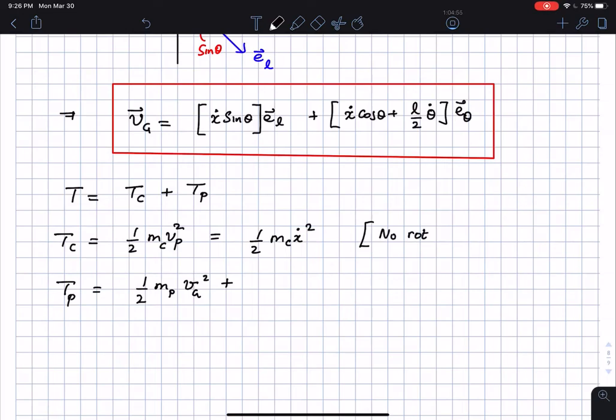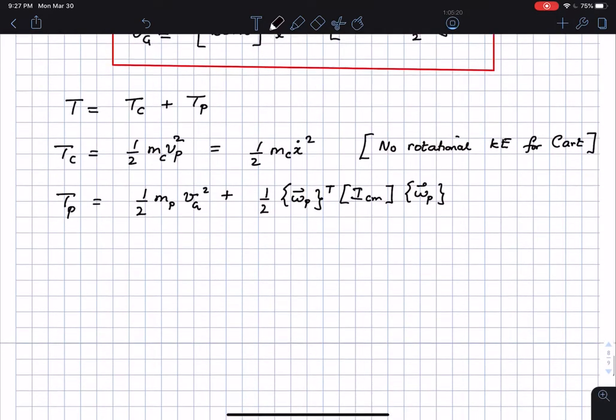No rotational kinetic energy for the cart, okay. And this is going to be half times omega of the pendulum transpose, I of the center of mass, the moment of inertia matrix, times omega of the pendulum. And making a quick note, I of the center of mass, I can say is the following.